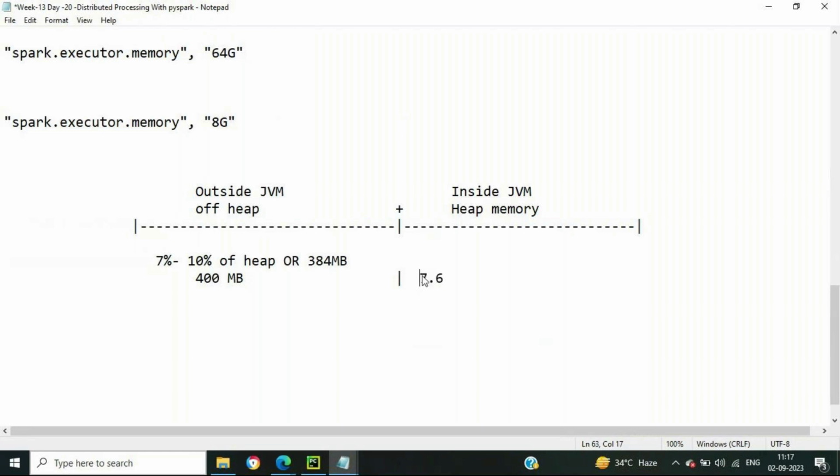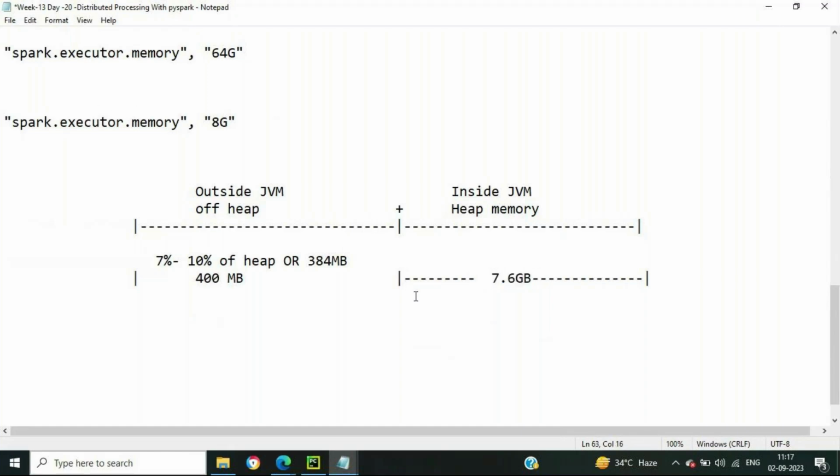Try to focus over here. This 7.6 GB will be for heap memory, and this 400 MB is given to off-heap memory. Do we need to understand that 7.6 GB is for storage memory and execution memory?